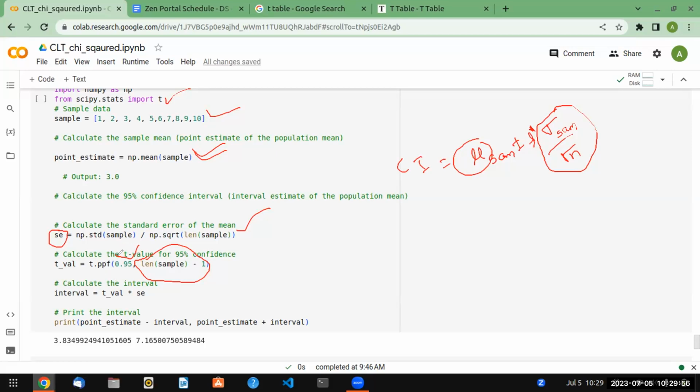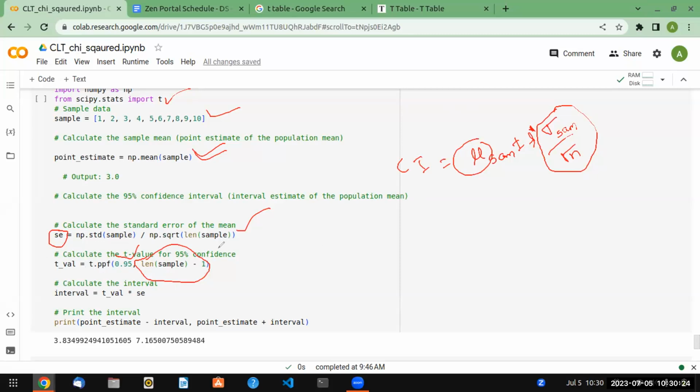0.95. Okay. And to know more about this function, you can go through the documentation. People saw we had 2 tail and 1 tail. To understand which to use, 2 tail or 1 tail, you have to go to t.ppf.